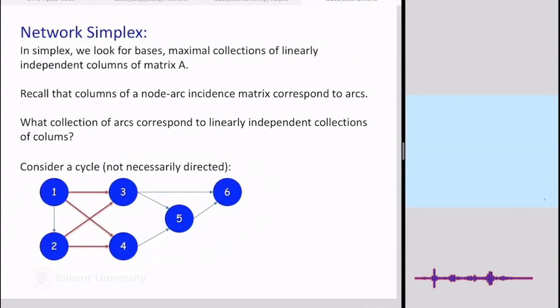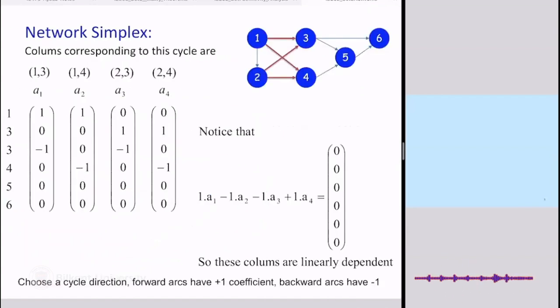Now let's look at the columns of that cycle. Remember the structure we had in the node-arc incidence matrix? We were putting a plus in the tail and a minus in the head, because plus was representing the supply and minus was representing the demand. And this arc was sending something from its tail to its head.